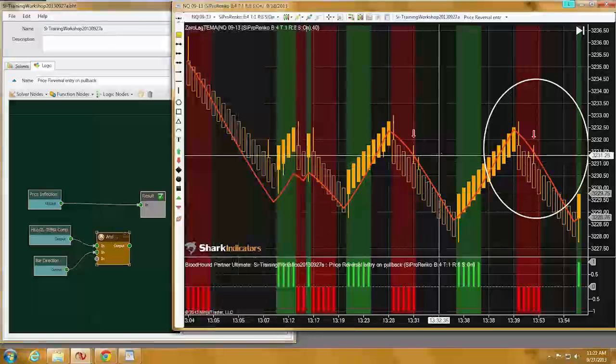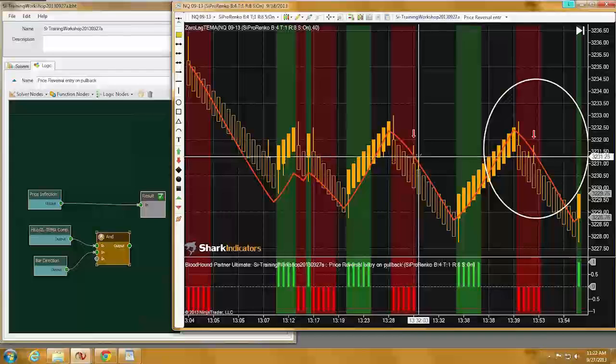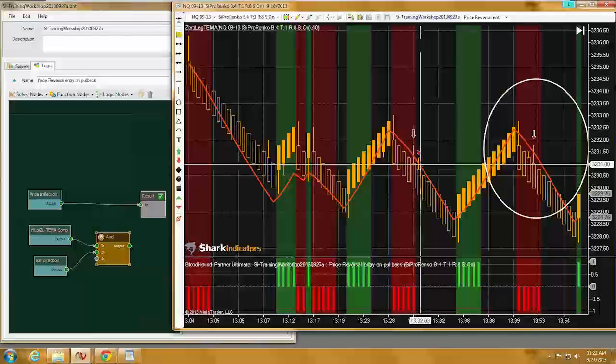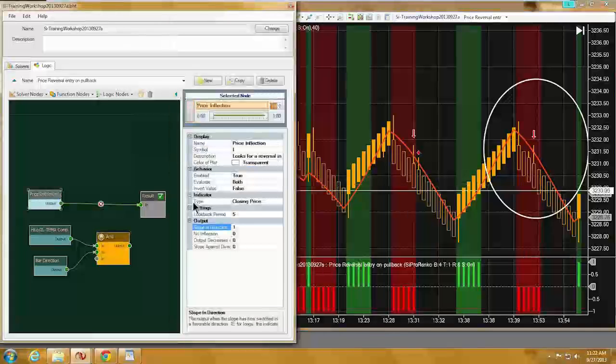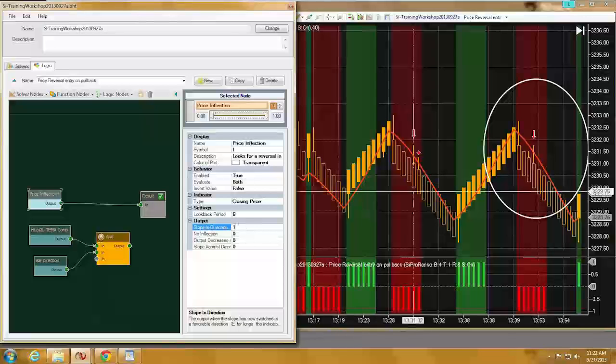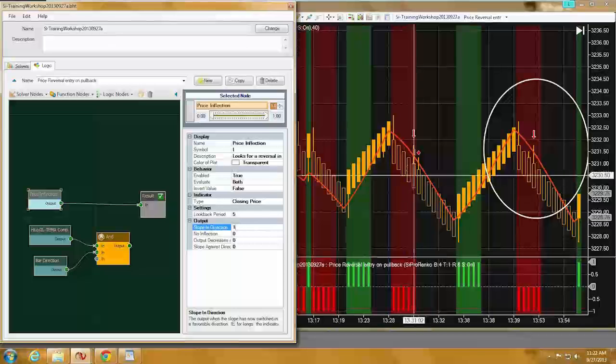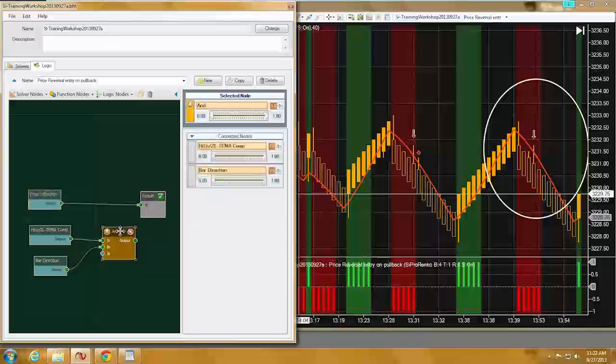You can see that this pullback here, with the diamond, we're not going to get a signal on that because it happened 1 bar too late, at least in this example. Of course, you can adjust this lookback period as you see fit. If I up it to 6, then we could get 2 signals out of there, but I'm going to restrict it to 5 or 4 bars after.